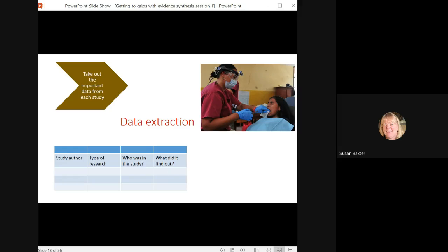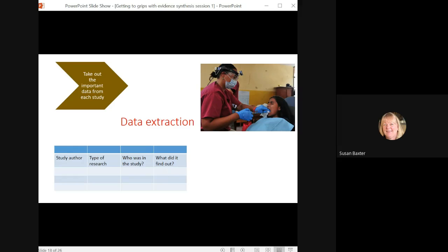We develop what's called an extraction table. We decide this in advance and decide which particular pieces of information we're going to take out from every single study. So typically it'll be things like study author, the date of the study, the country that the study authors come from.